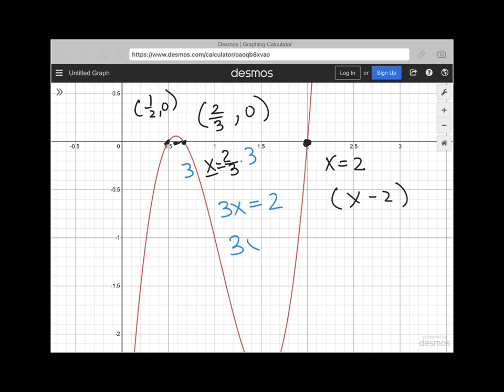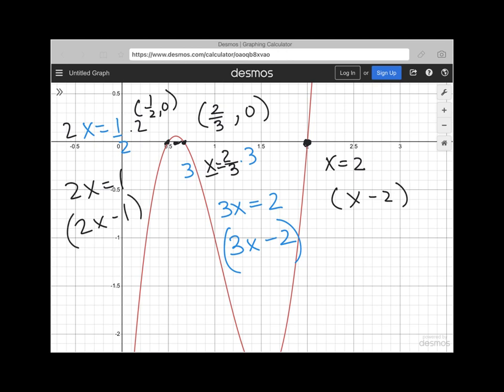So that would turn into 3x minus 2 as the other factor. And the last one we would treat the same way. x is equal to 1/2. Multiply both sides, in this case, by 2. And then I would get 2x is equal to 1, or 2x minus 1 is also a factor.